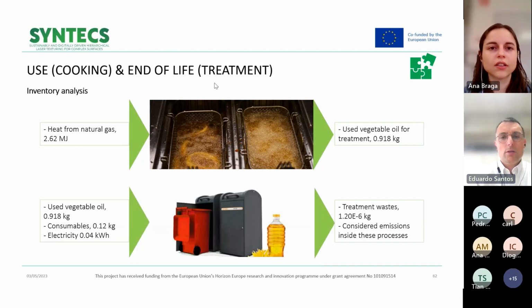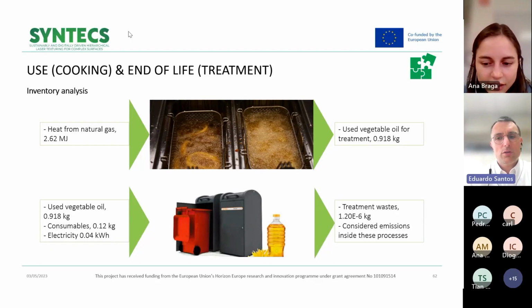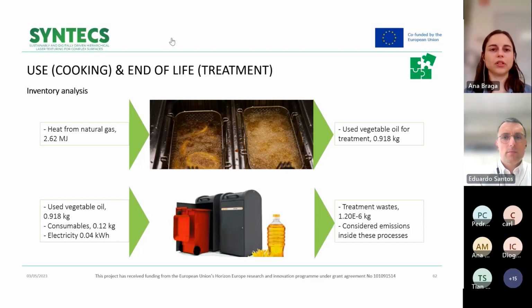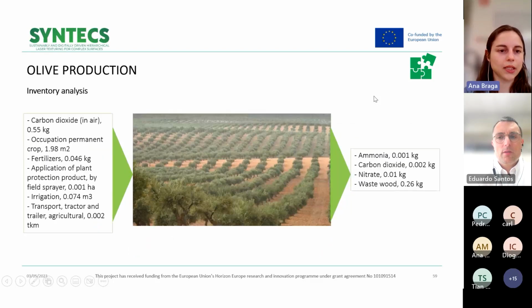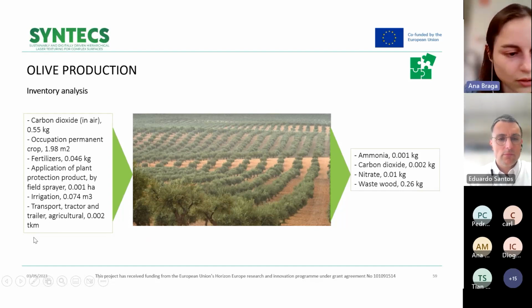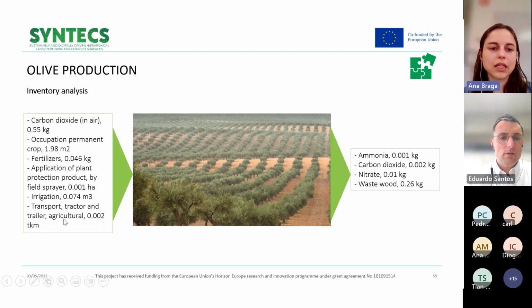So Etienne is just asking if we have considered the transportation of the harvest of the olive from the olive trees to the processing plant. I think that is considered inside the agricultural machinery and transportation. I can go up here because we have this value, say ton kilometers divided by the functional unit.